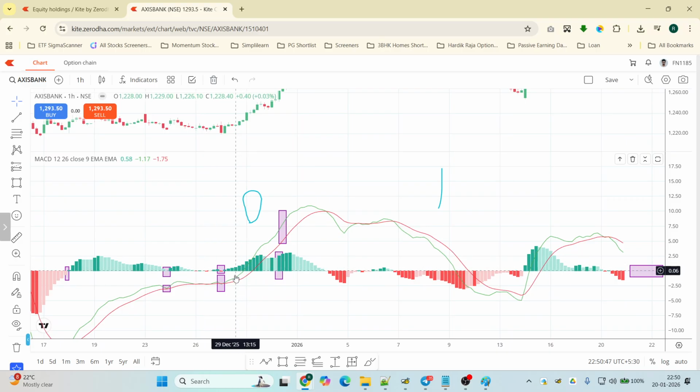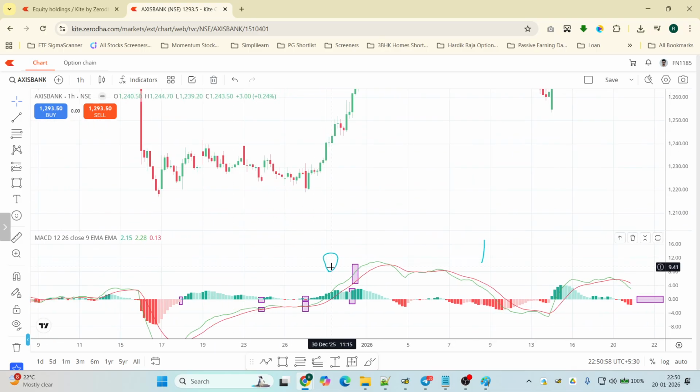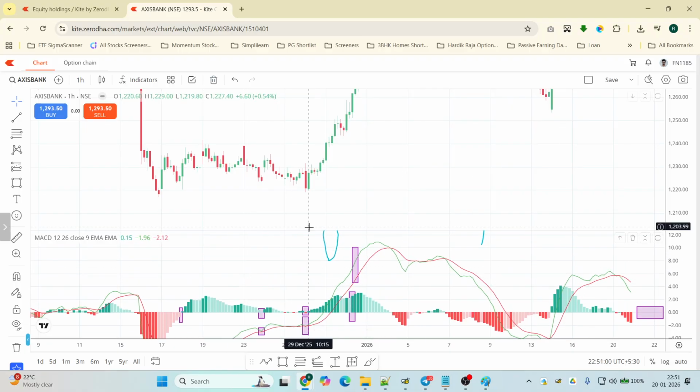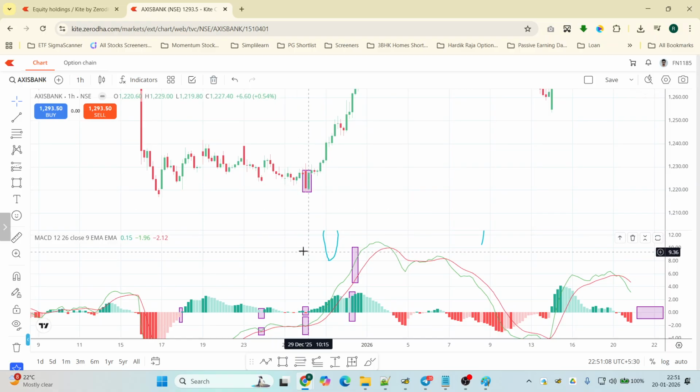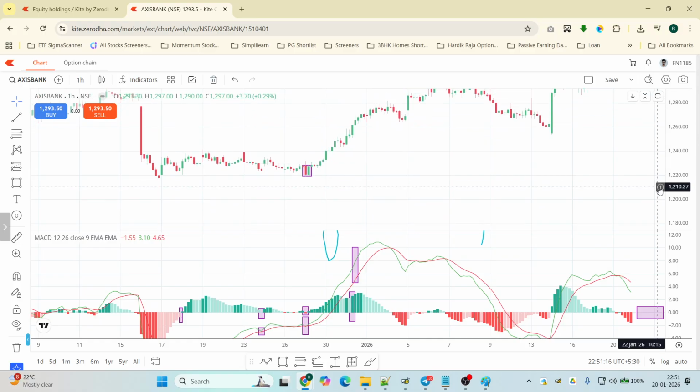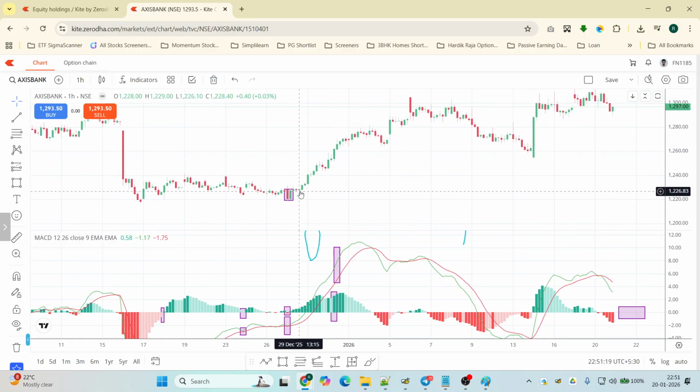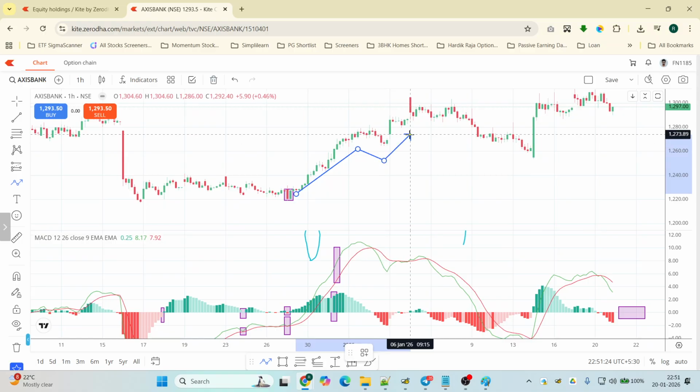Okay, so whenever the histogram keeps rising, now can you see here guys, I'm just seeing this exact place here. As the histogram bar keeps climbing in size, you can see the market is having stronger momentum and it is continuously going towards the upper direction, right?